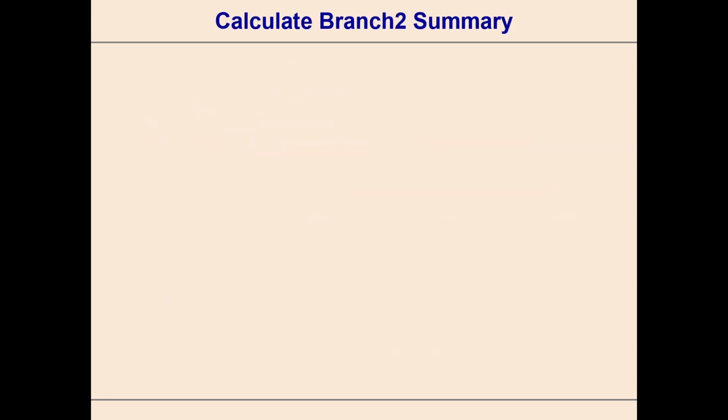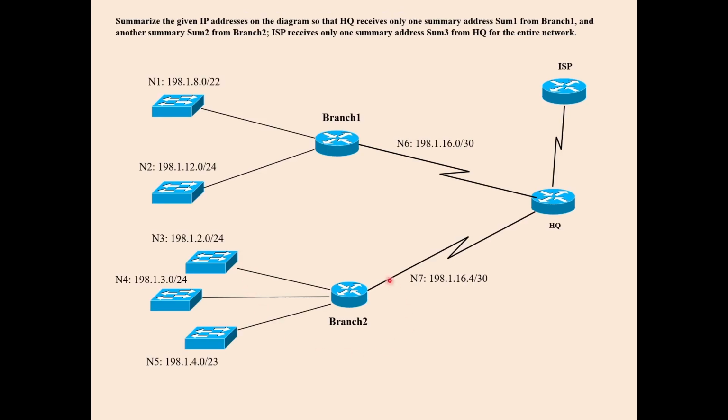Okay, now let's calculate branch 2's summary. We can see there are 3 networks attached to the branch 2 router. N3 is 108.1.2.0/24. N4 is 108.1.3.0/24.